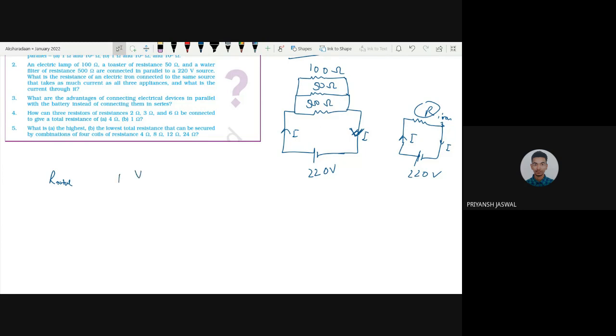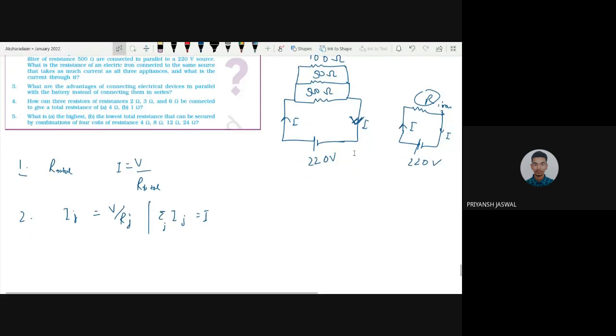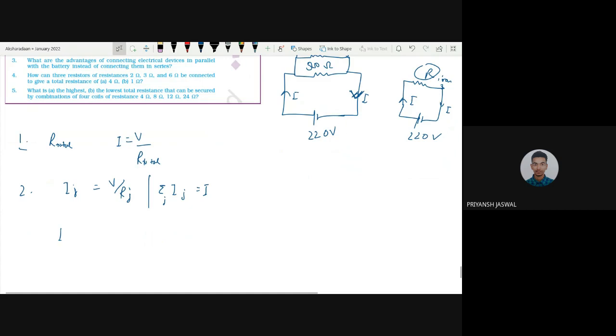Once you get it, I will be V by R total. All right. This is one way. Second way is to calculate current through each component, Ij, which will be V by Rj, and then sum over all those components. Second one is easier because Rp is a hazard to calculate. So let's calculate it by the second way.